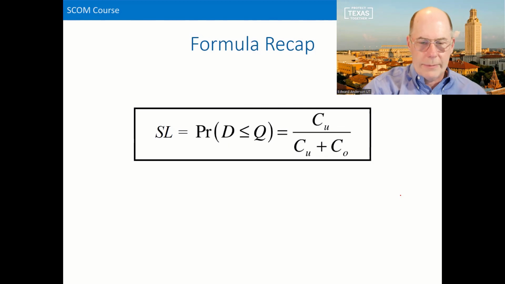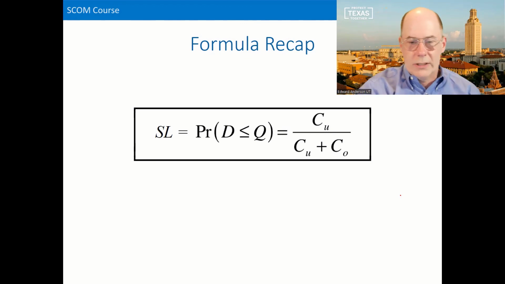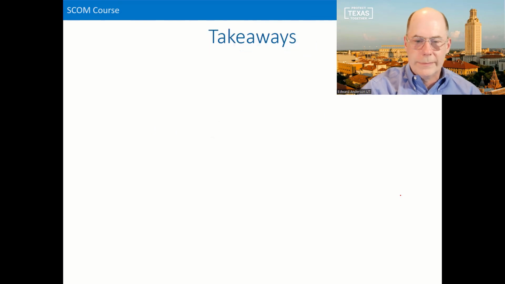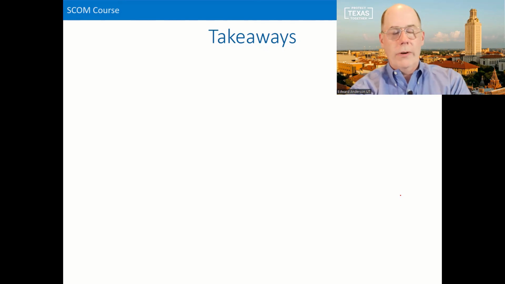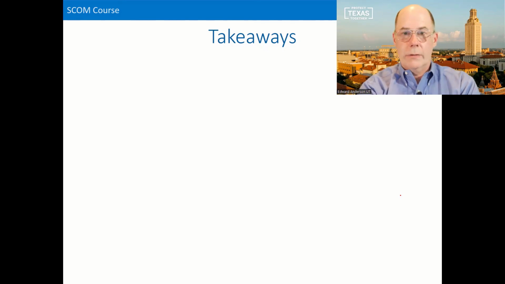As a recap, the newsvendor formula, service level, which is the probability that demand is going to be less than or equal to the quantity that we order, is equal to CU over CU plus CO. So, takeaways from today. Probably the most important one is the goodwill cost idea.